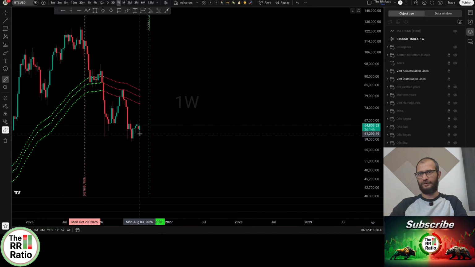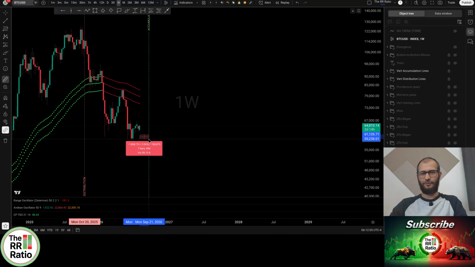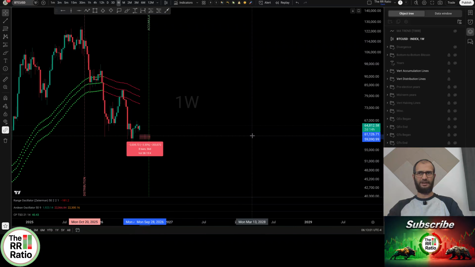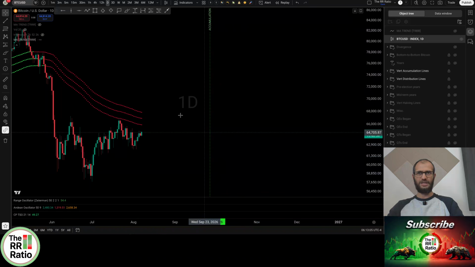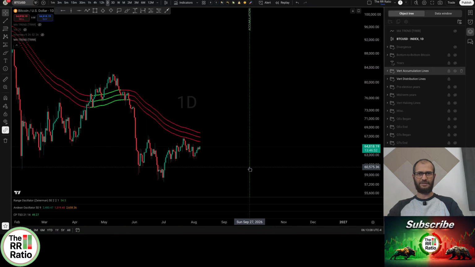This week is almost over, so in 7 weeks, approximately 49-50 days, we will be crossing the accumulation line. And the exact date for the accumulation line is 27 September.